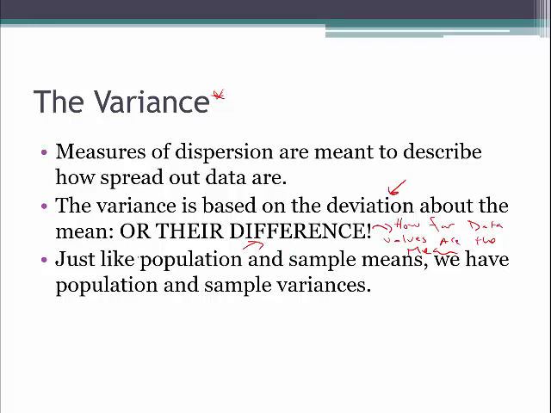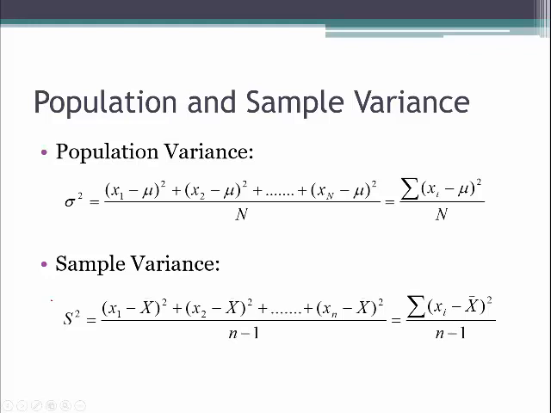And this is where it gets important with notation. Just like population and sample means, we have population and sample variances. There are two different notations for this, and that's incredibly important. First off, we have a population variance. This is a parameter, remember.